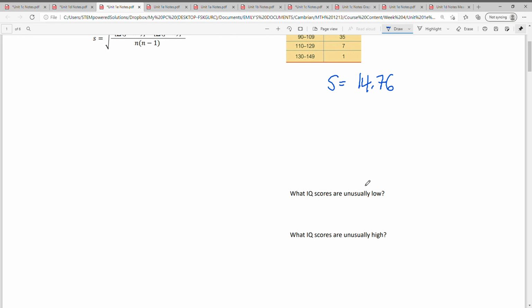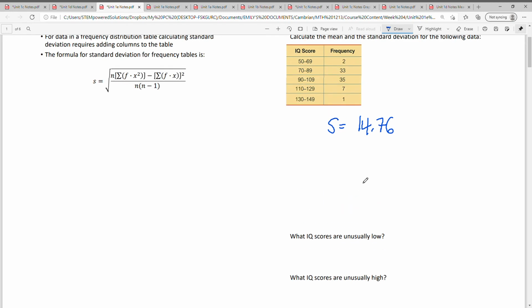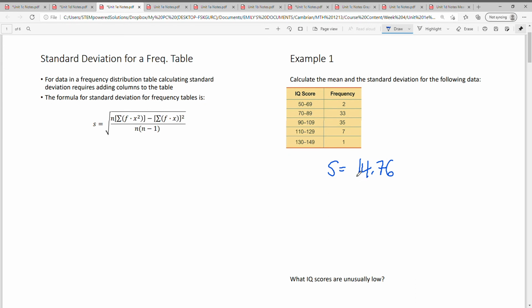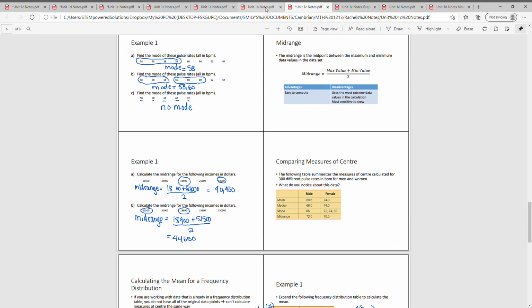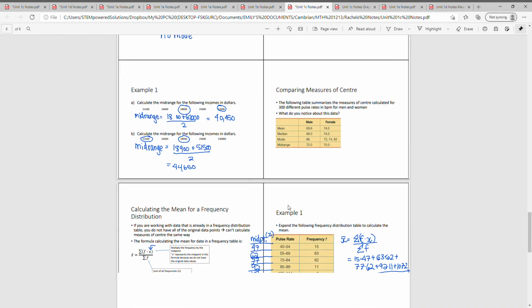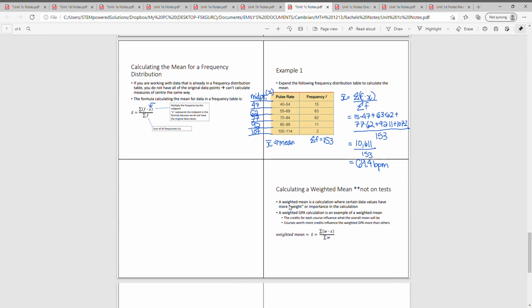So what IQ scores are unusually low? So first we'd have to find also the mean of this table as well, which is a different formula altogether, and I'd have to review that formula. So what is the formula for... oh yes, there's the formula for the table, which is x bar is equal to the sum of the frequencies times x divided by the sum of the frequencies.